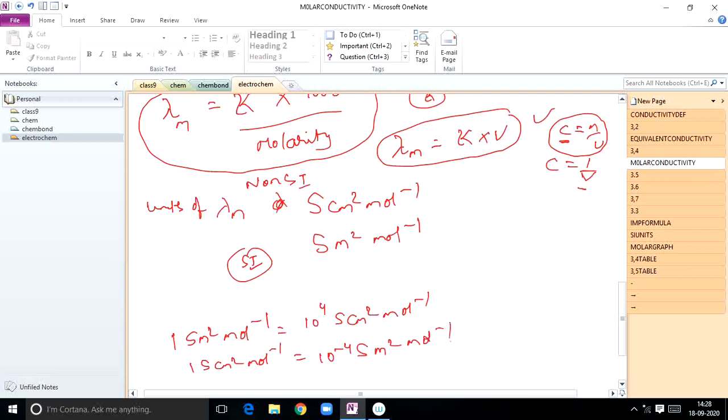You can check it. You know units and dimensions. From that you can bring out some relations like this. So this will be useful for calculation purposes. So this is the main formula which you have to use, right? This is about molar conductance.